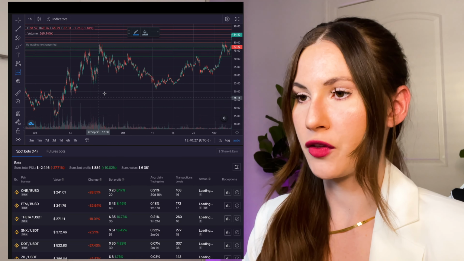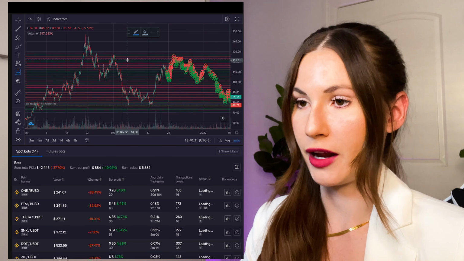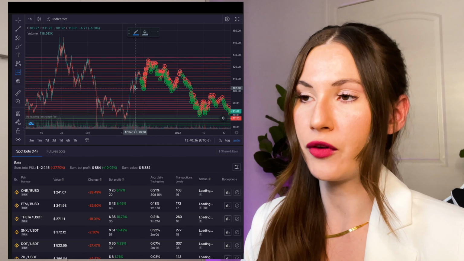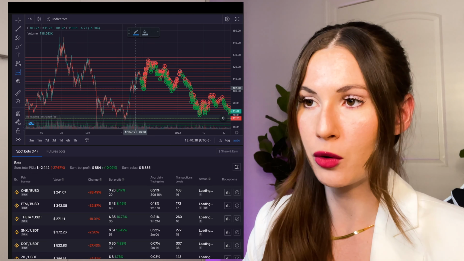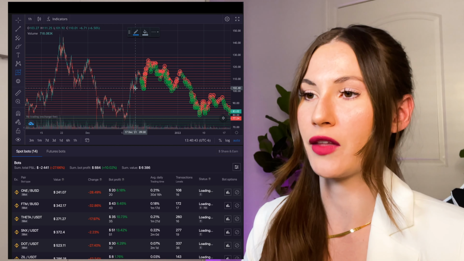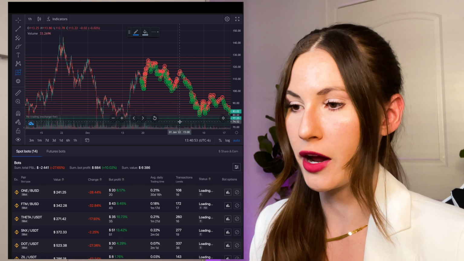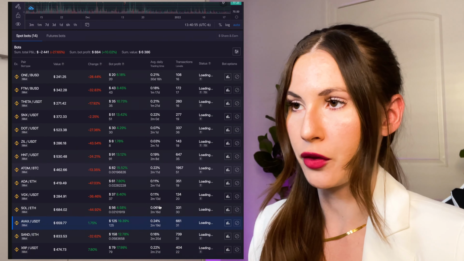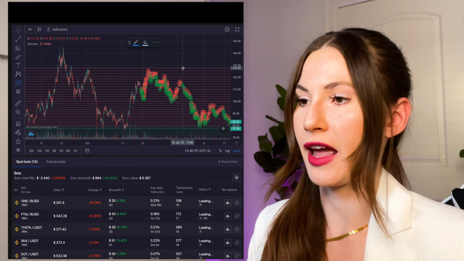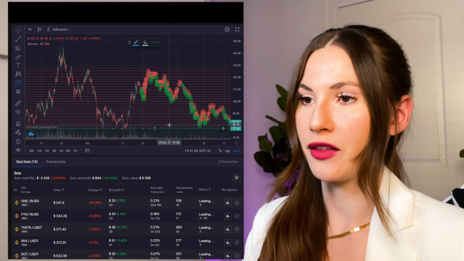Once we have the range set, we need to set the levels within that range that create the grid. How many levels you set depends on a couple of factors, one of which is how much capital you have, and the other is how much volatility you have within that range. This particular grid bot has 31 levels, I believe. Yes, 31 between the 127 and 71, so there are 31 grids in this grid bot.